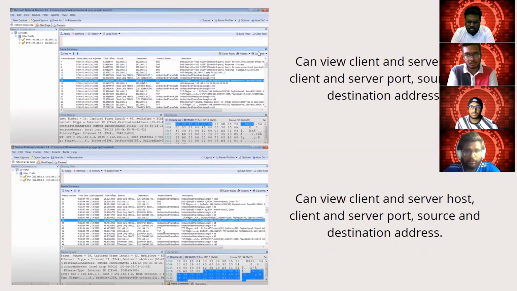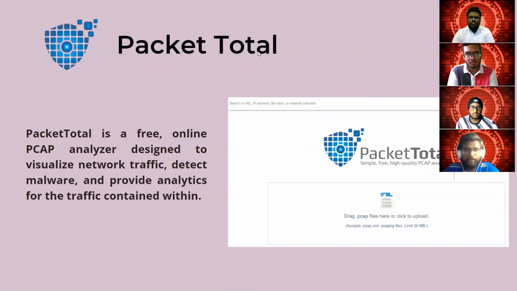So I have chosen two different frames to show the server ports. Both have different server ports, different client and server hosts and destination addresses. So that's what I have done for my analysis part.